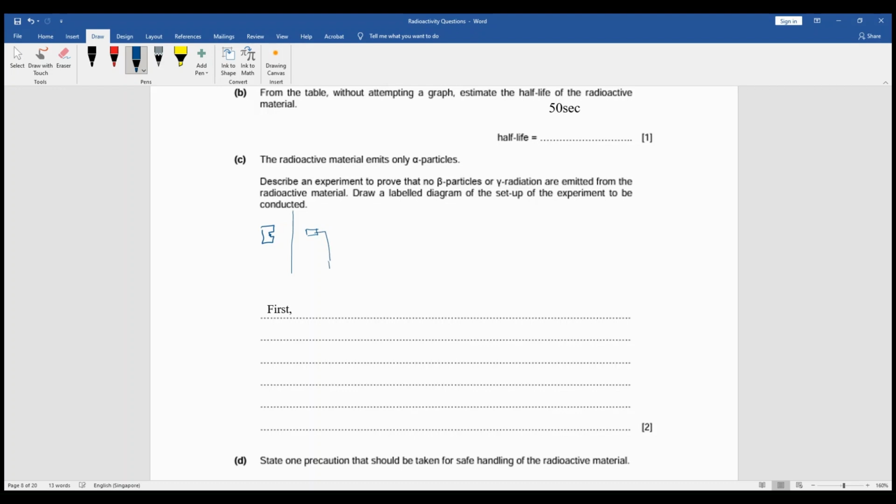Then this leads to the counter. Okay, with all the counters. Geiger-Müller, okay, we can call this GM tube. Then this is the paper.